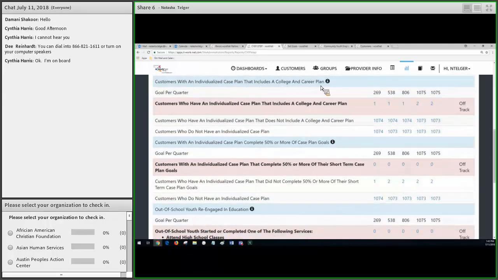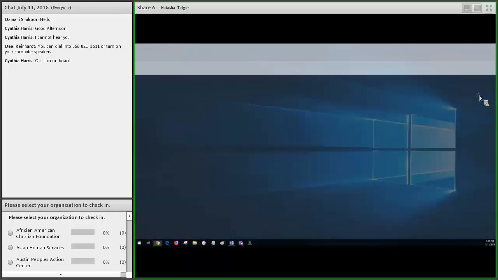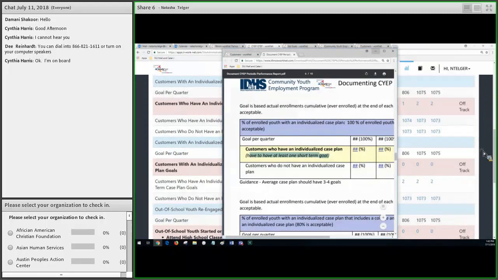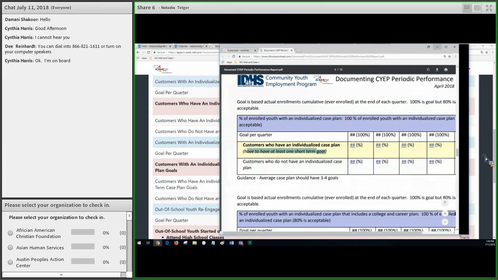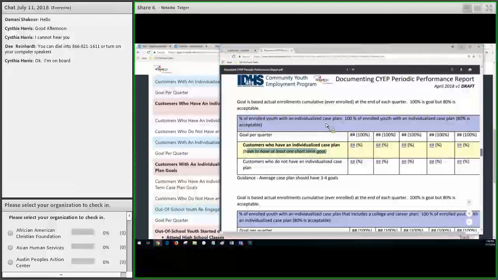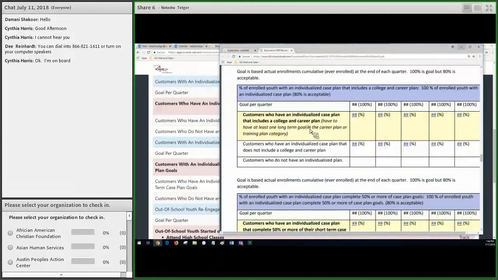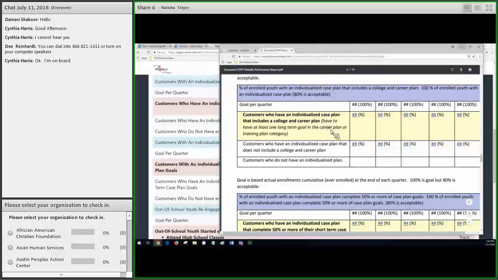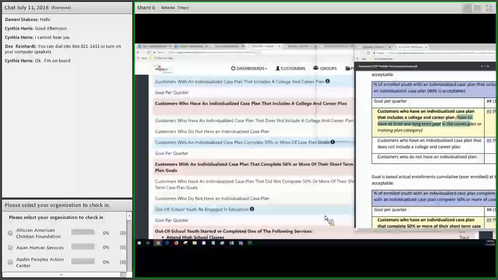Okay. So the next area is customers with an individualized case plan that includes a college and career plan. So what does that mean? I'm going to have Cody put these in the notes on the screen so you don't have to refer back to the instructions. What that means is they have to have at least one long-term goal in a career plan or training plan category.